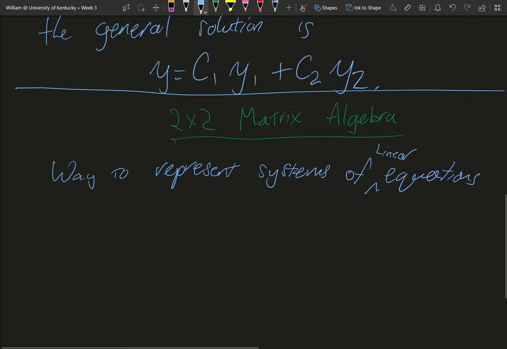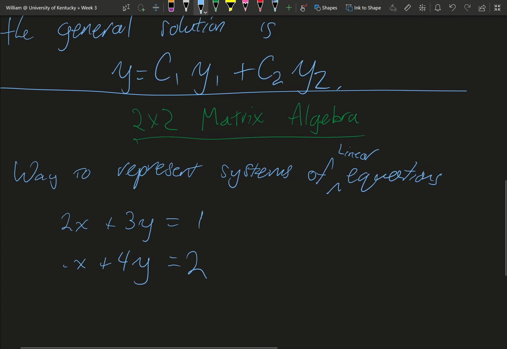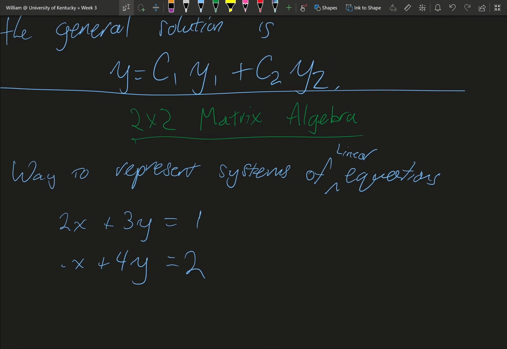So here's sort of the deal. If we have something like, let's say, 2x plus 3y equals 1, and negative x plus 4y equals 2, then we represent this as follows. So I'll tell you how we represent it, and then I'll explain why we represent it that way.